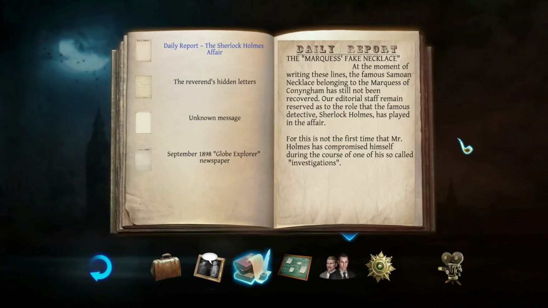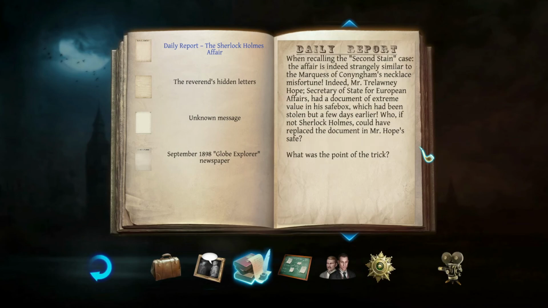During the course of one of his so-called investigations, when recalling the second stain case, the affair is indeed strangely similar to the Marquis of Cunningham's necklace misfortune. Indeed, Mr. Trelawney Hope, Secretary of the State for European Affairs, had a document of extreme value in his safe box, which had been stolen but few days earlier. Who, if not Sherlock Holmes, could have replaced the document in Mr. Hope's safe?